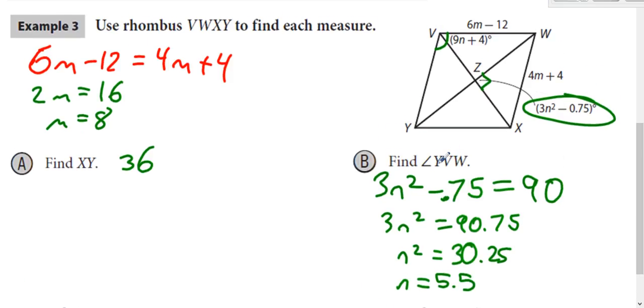So to find the measure of angle YVW, we're going to have to plug it in to find out what we get for that portion up there. So 9 times 5.5 plus 4 is 53.5.